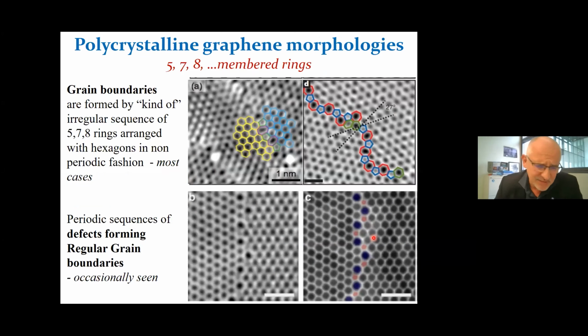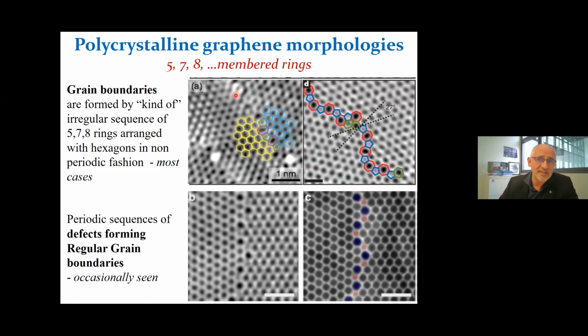This polycrystalline graphene has the essential characteristic that the grains are arranged in different fashions and have different average grain sizes. But most importantly, at the boundaries of grains with different orientation, you have a reconstruction of the bonding, which ends up with structural defects.